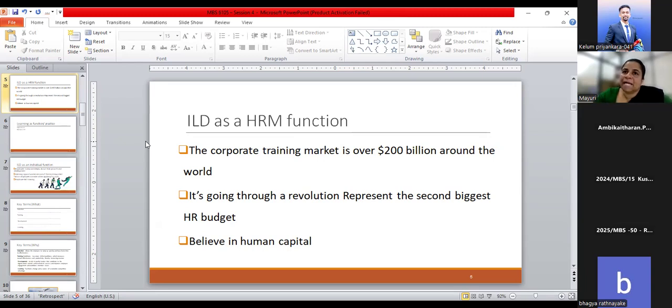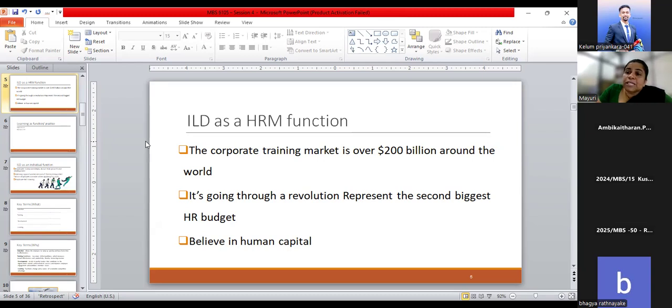So the impact is more powerful, or the net benefit of this impact is always positive compared to the cost that we are incurring, right? Therefore, we consider learning and development is going through a revolution, where our thinking has shifted from a cost perspective to an investment perspective.